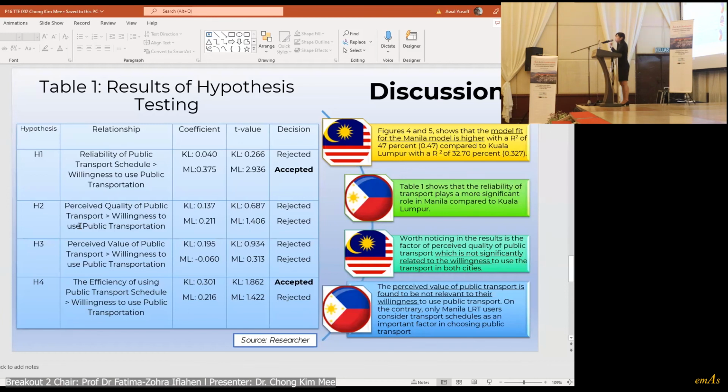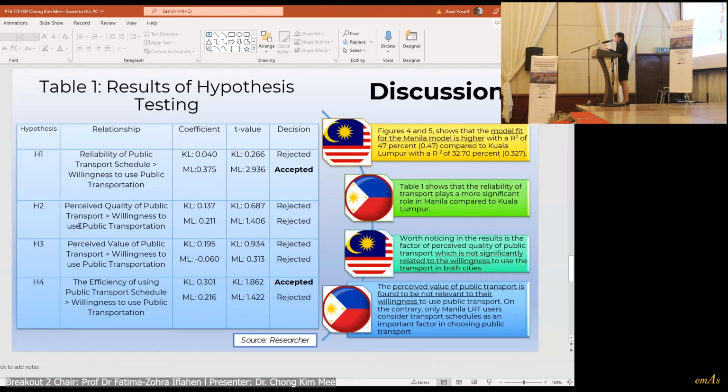Of course, for the demographic part, we found that youngsters, millennials, are more willing to use public transport in Kuala Lumpur itself. But for those who have families, they already have their own car, so the willingness is lesser compared to the other group.